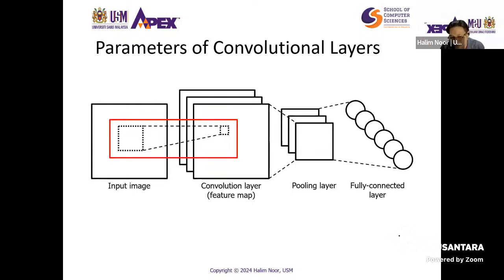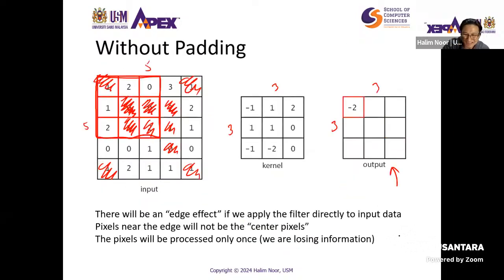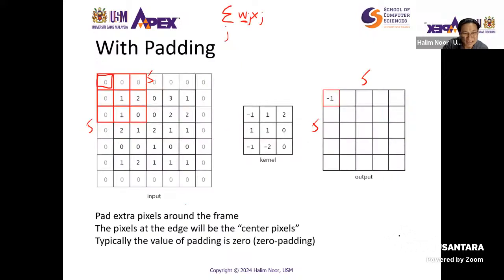There are a few initializations that we can use. In TensorFlow, the default is Xavier initialization. So, is that answering the question? Hopefully it answered the question. Okay, can I move on?